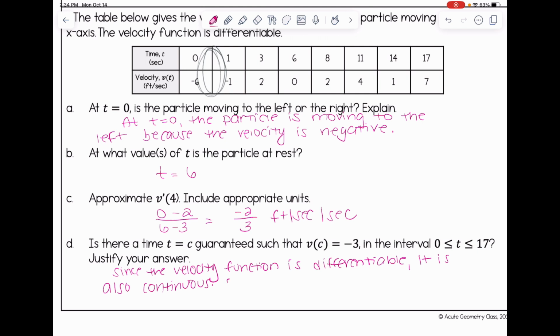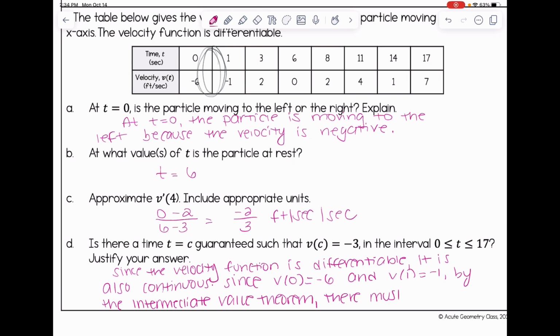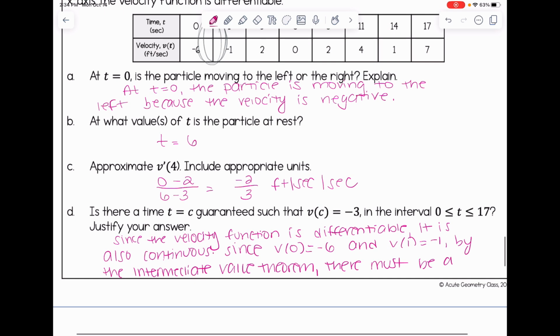Then I'm going to say since v of 0 is equal to -6 and v of 1 equals -1, by the intermediate value theorem, there must be a value c where v of c is equal to -3.